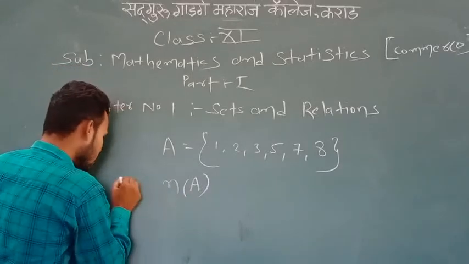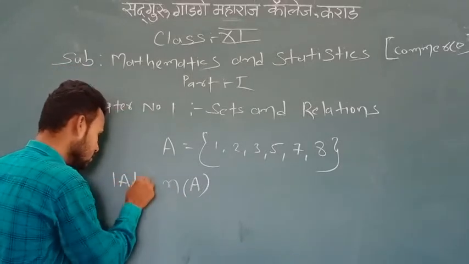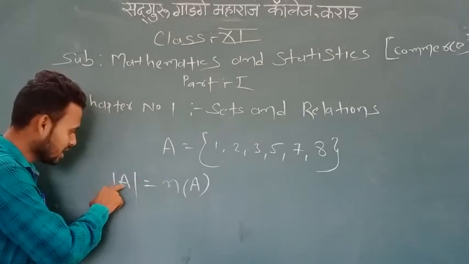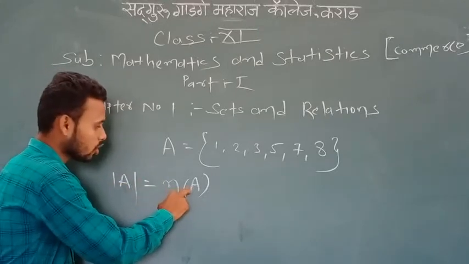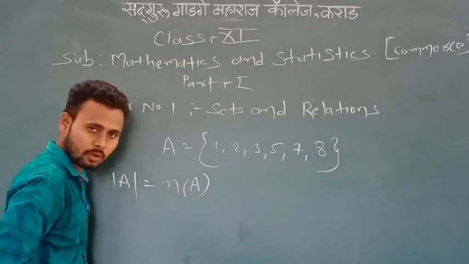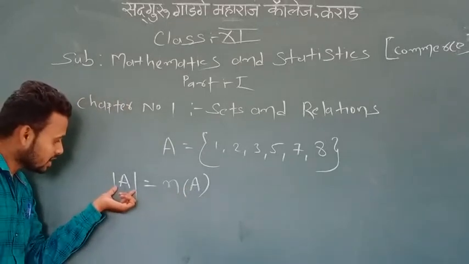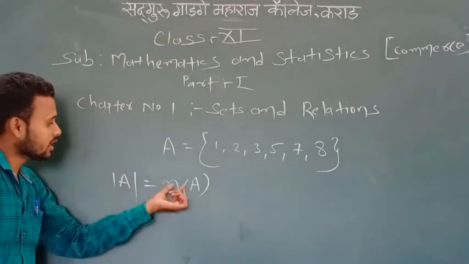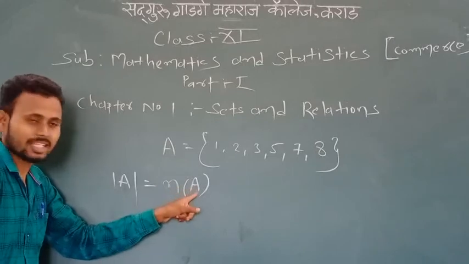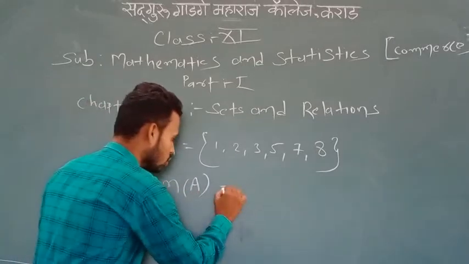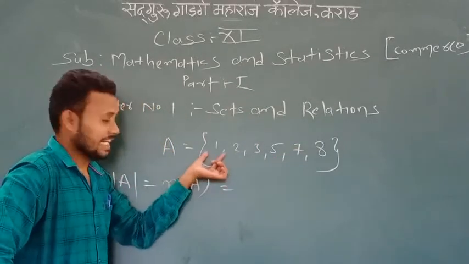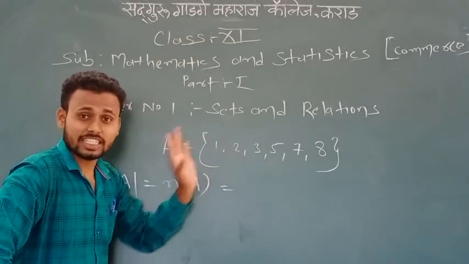Cardinality of a set A, or the number of elements of a set A, is denoted by that form. Same meaning, which is equal to the definition of the number of distinct elements.